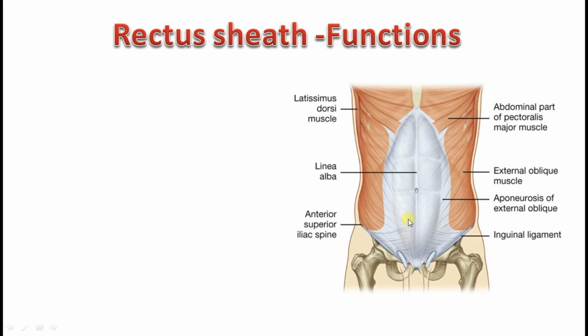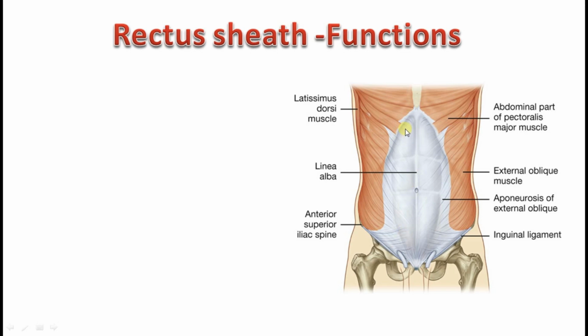It itself to some extent gives protection to the anterior abdominal wall. The same muscle in the thorax is not that much developed. You can call it the transversus thoracis muscle, or sometimes you have a retrosternalis muscle.